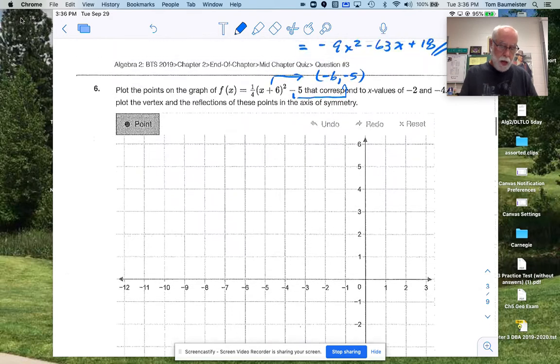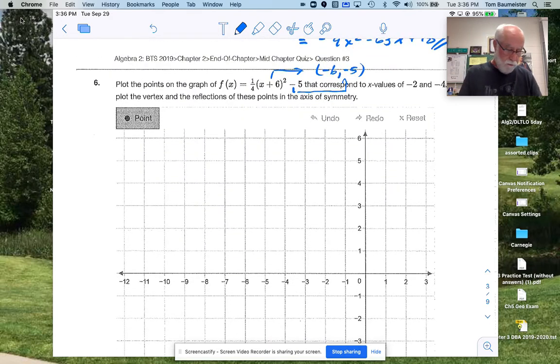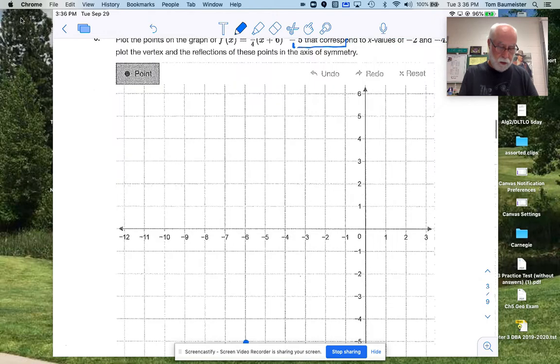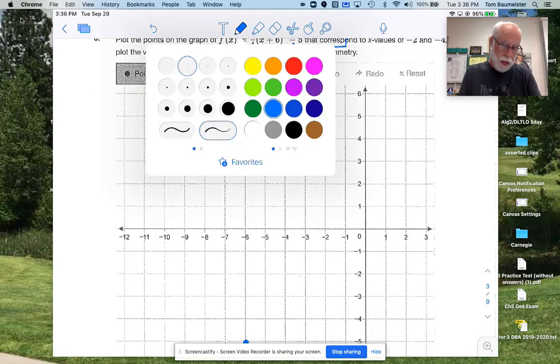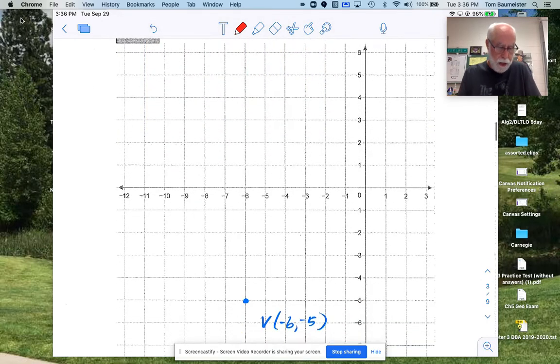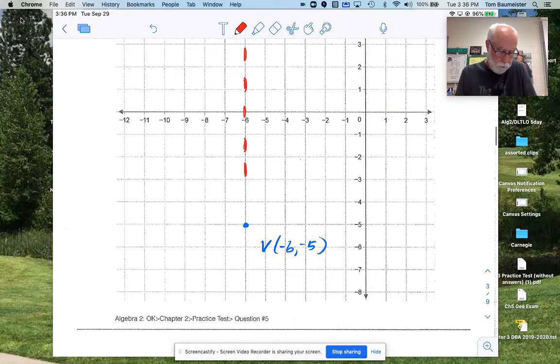Okay, and remember, our axis of symmetry is the h there, right? So when it's x is equal to h, so again, you can't do this on the test, but you can write it on your piece of paper. So our axis of symmetry is going to go through the vertex.